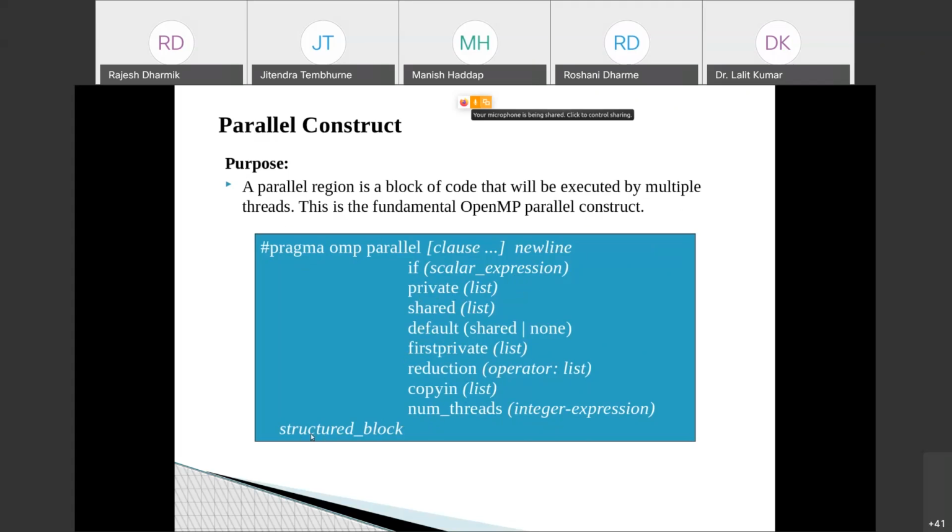After that the structured block will start. That is the code which we want to execute in parallel. This is the particular statement that we have to add before the code which we want to parallelize, just this one line, along with whichever clauses you want to use.